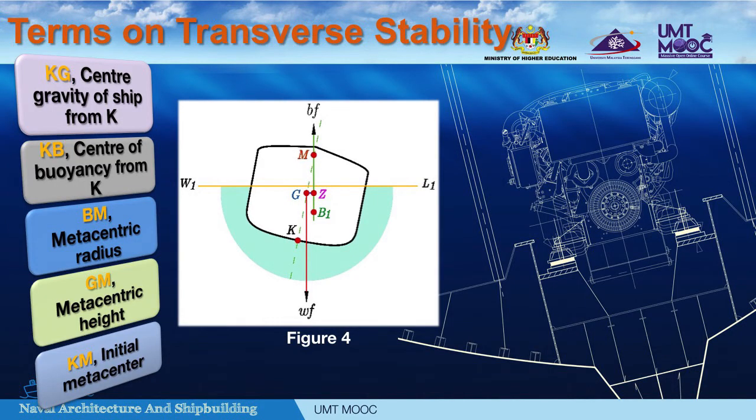As also referred to in figure 4, several extension terms on the transverse stability of a ship are defined accordingly. The first term is KG, which is defined as the center of gravity measured from the reference point K, or keel. The next one is KB, which can be explained as the center of buoyancy measured from the reference point K. Furthermore, if we define the distance between B and M, written shortly as BM, we call it the metacentric radius.